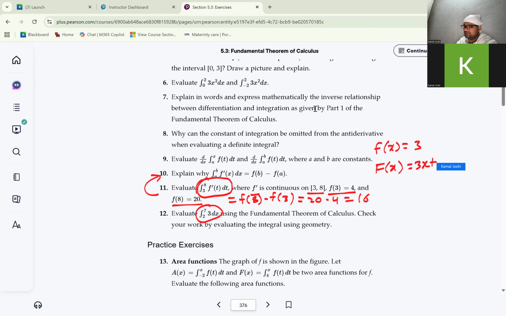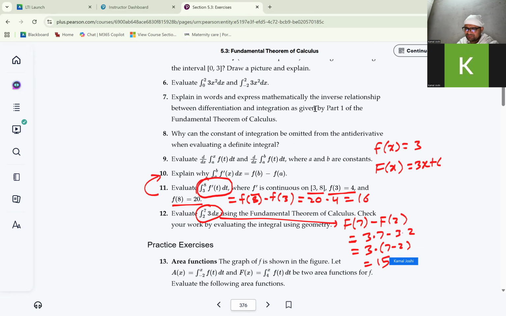The general one would be 3x plus c. Then the value of this integral would be F of 7 minus F of 2, which is 3 times 7 minus 3 times 2, which is 3 times 5, which is 15.